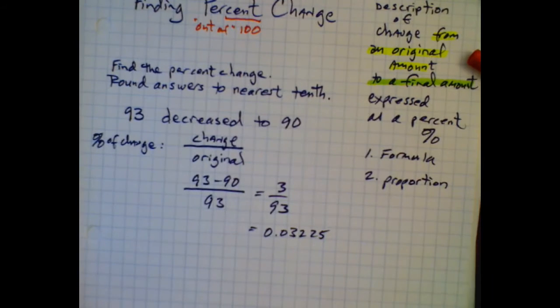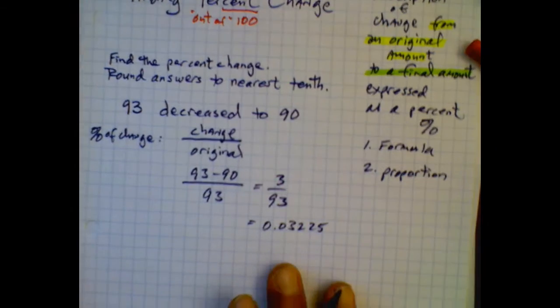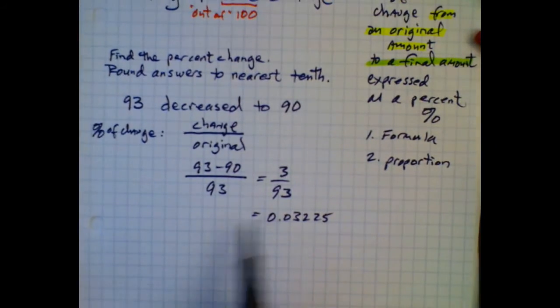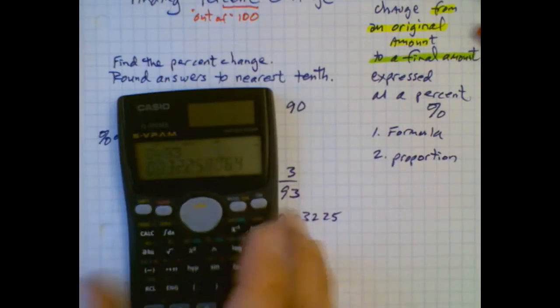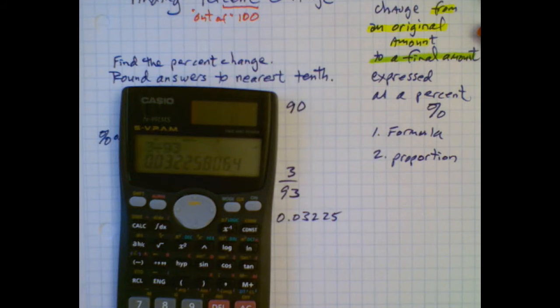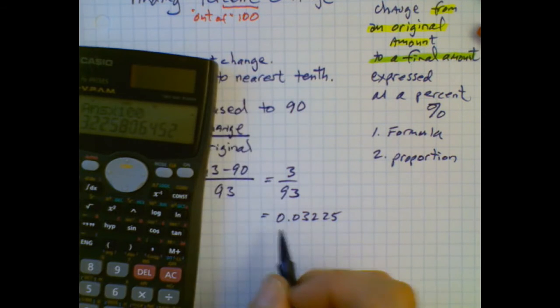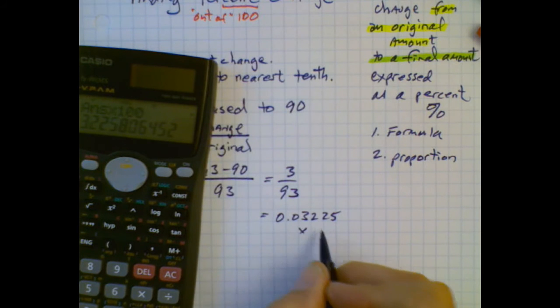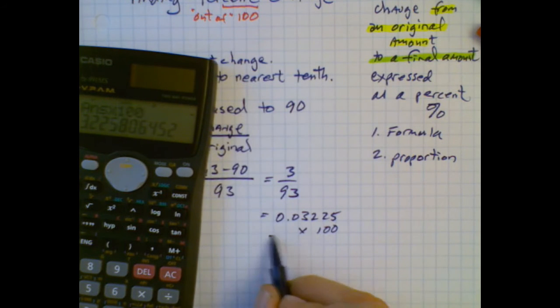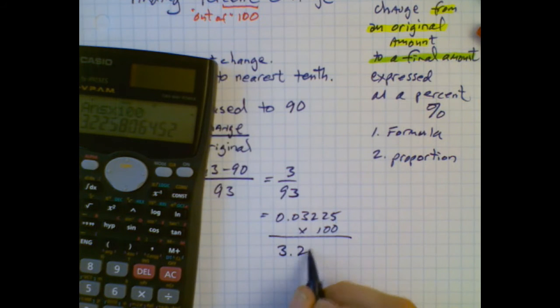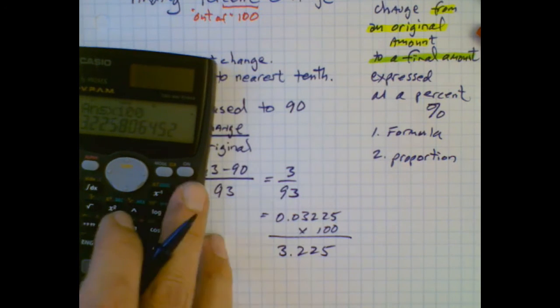Now this is a decimal, and I need to write this as a percentage. So how do I go from a decimal to a percent? Well, I simply take my value and multiply it by 100. If I multiply it by 100, I get 3.225 and some more.